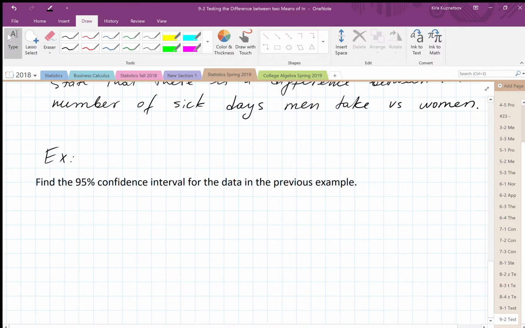Now the confidence interval at this point looks amazingly horrible. It is programmed under your two sample t interval.